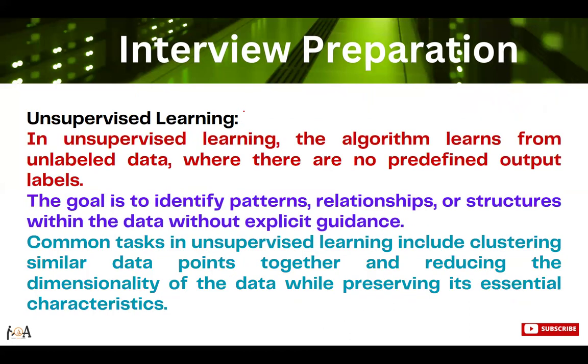Now, unsupervised learning: our algorithm is working on unlabeled data where no predefined outputs are there, right? So basically, on the basis of identifying the patterns and relationships within the data itself, the algorithm will answer. So let's say we have a data set with areas of plots and rates associated with plots in different areas, let's say urban area, semi urban area, rural area.